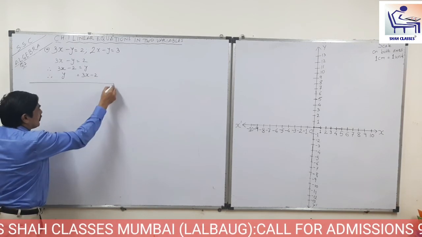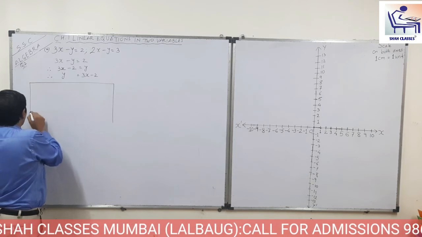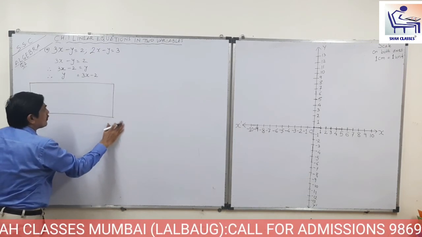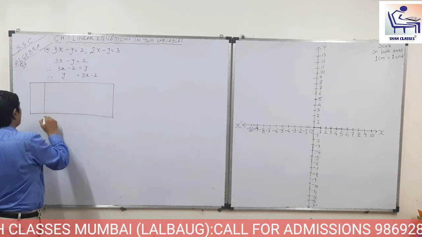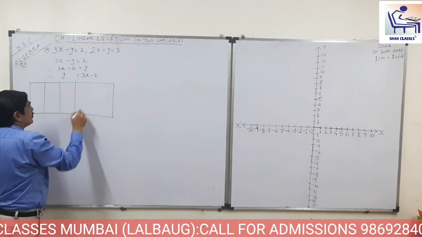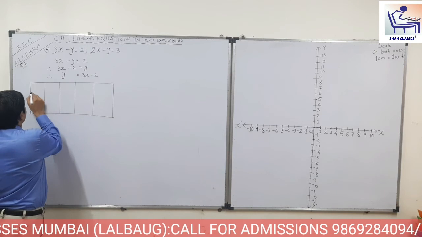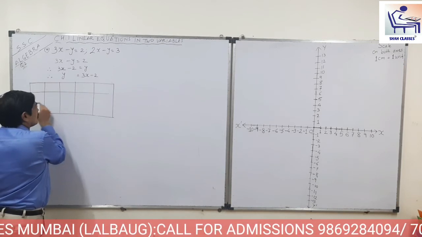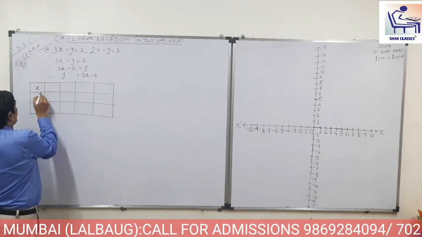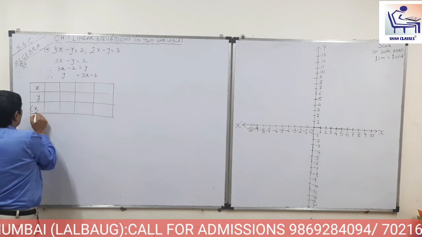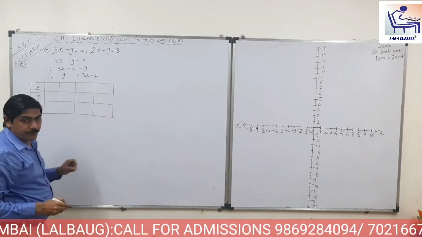Here we are making the same kind of table for 4 coordinates. So we require 5 columns and 3 rows. So x, y, x, y.